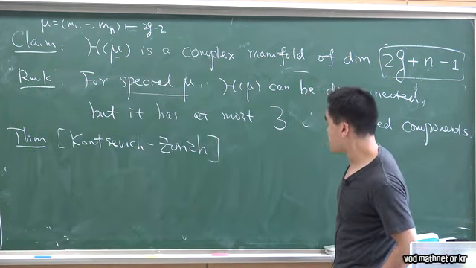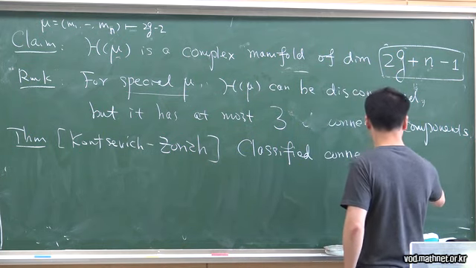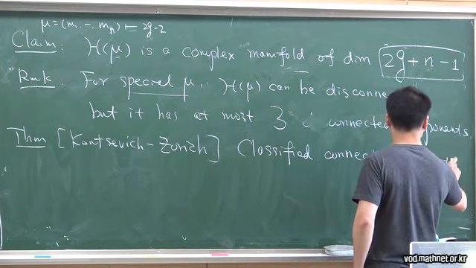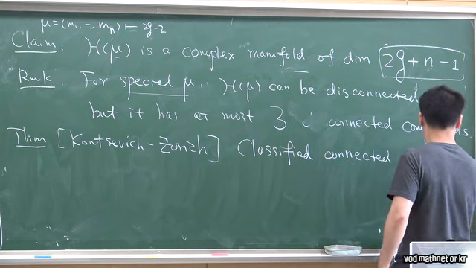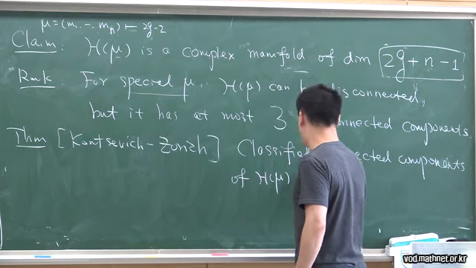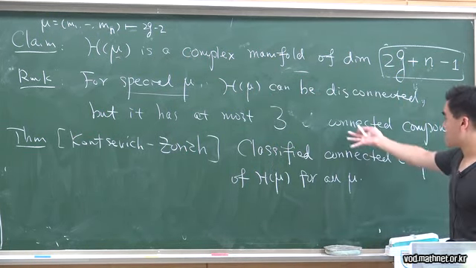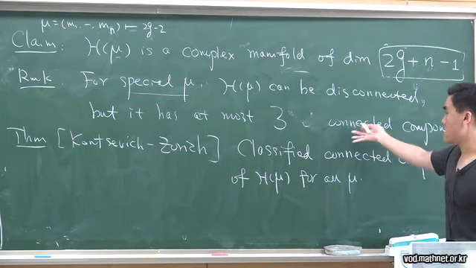I won't be precise, but they classified connected components of H mu for all mu. Based on their results, we know H mu has at most 3 connected components.